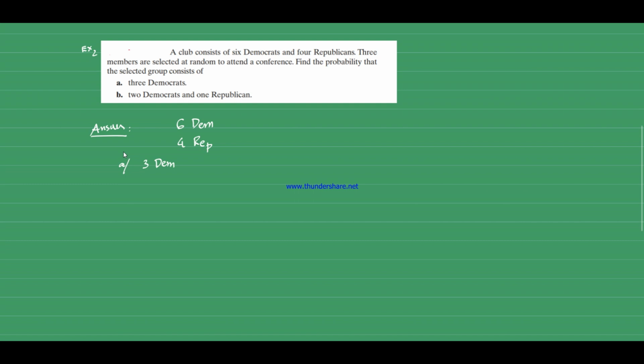So first of all, we need to find the sample space. There are 6 Democrats and 4 Republicans. How are we gonna find the sample space here, guys?